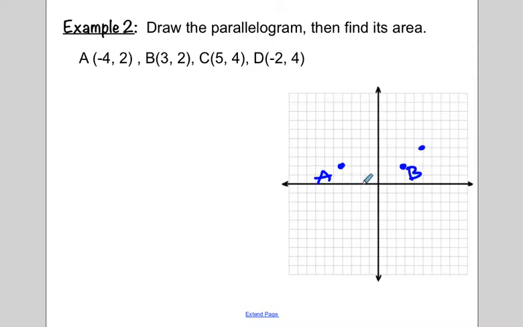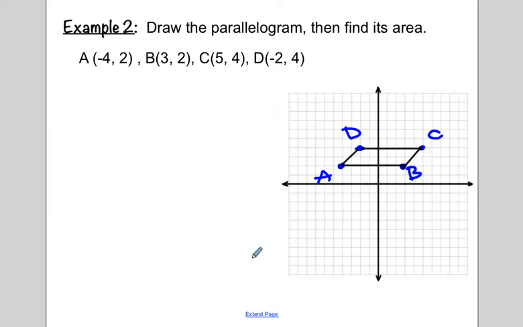And D is negative 2, 4. C, D. And if I go ahead and connect everything, I will see that I have a parallelogram.